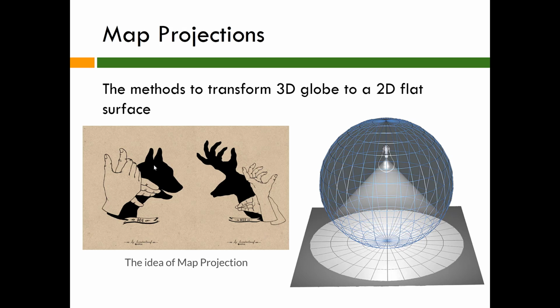Here we use the same idea. Imagine we have a light bulb inside the earth. When you turn on the light bulb, you can cast the shadow of all the parallels and meridians on a flat surface. So this flat surface with the shadows, that is your map. That is how we turn a 3D globe to a 2D surface.